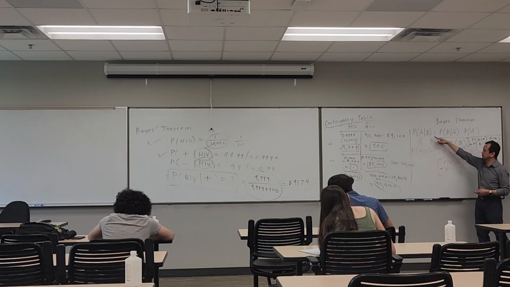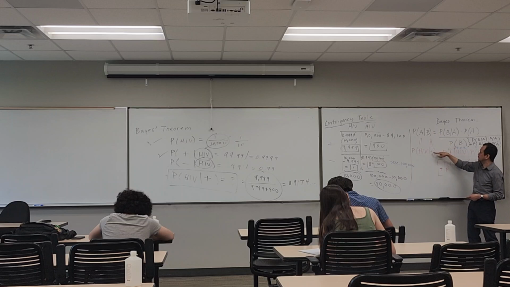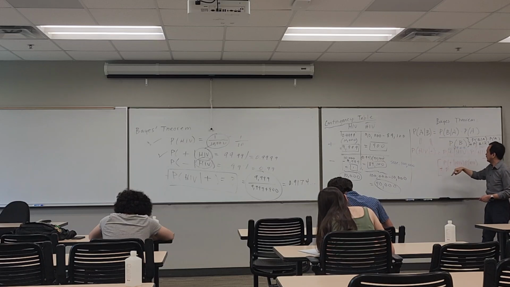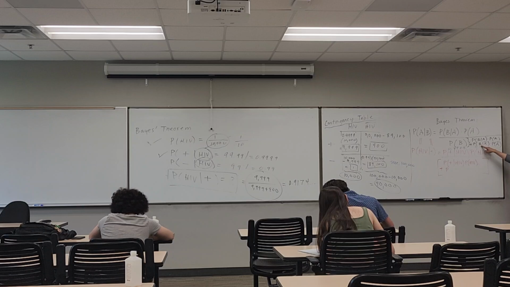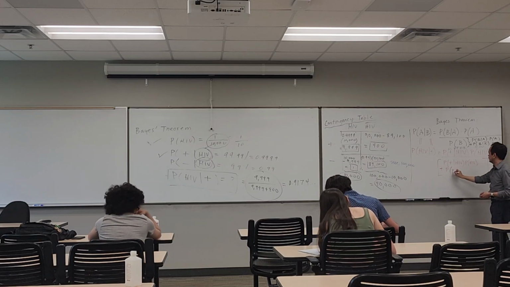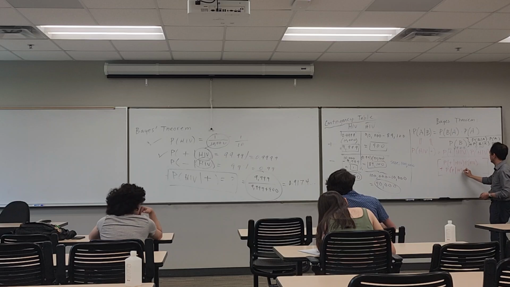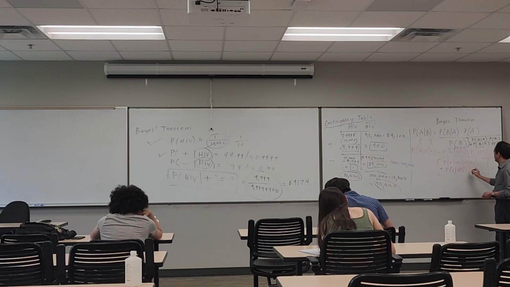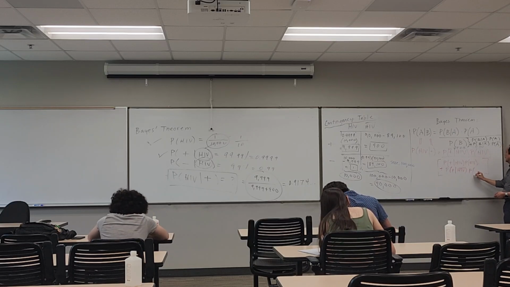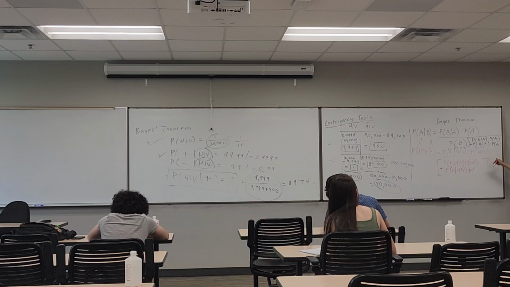Yeah, so just match the template here. B is positive and A is HIV, so the probability of B given not A would be the probability of testing positive given that you don't have HIV. So positive given not HIV, times the probability of not A, which is not HIV.